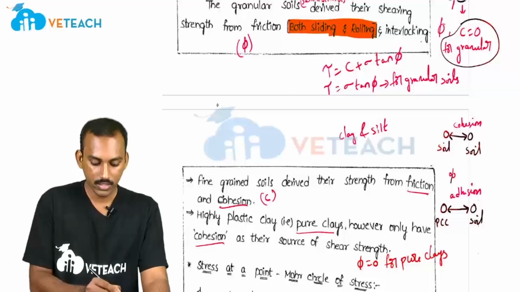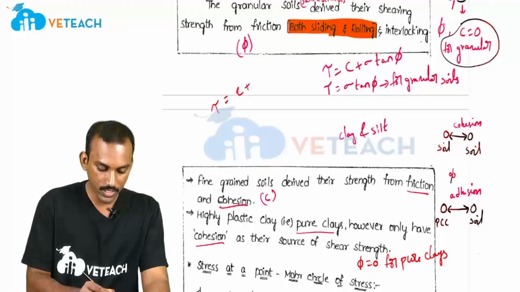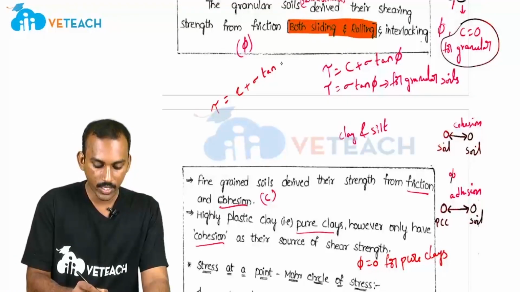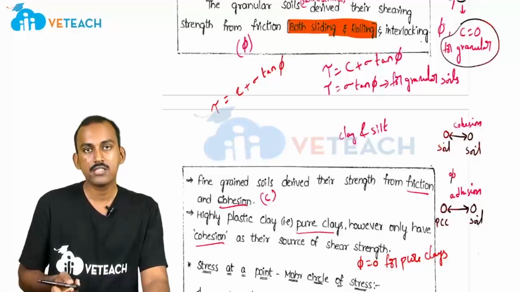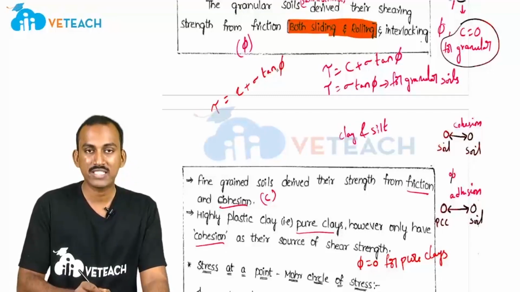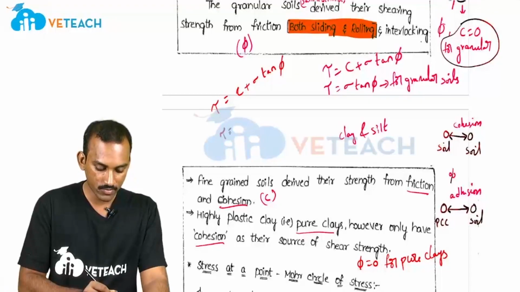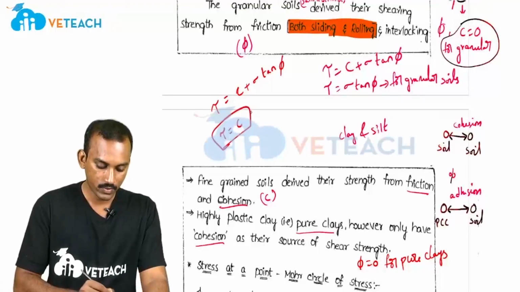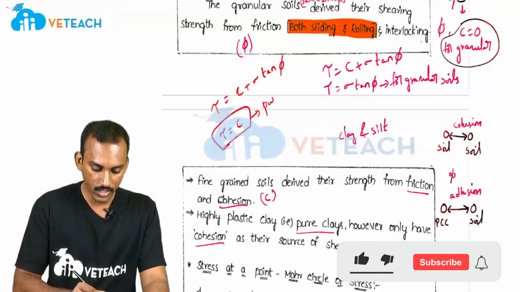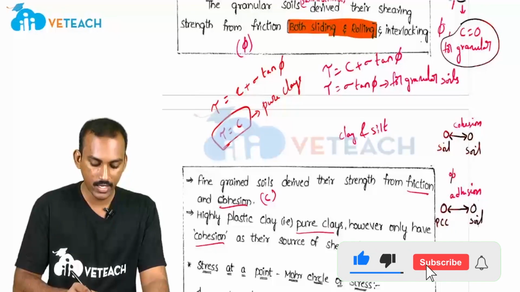What is our equation? Tau is equal to C plus sigma tan phi. So for pure clays, phi is equal to 0, which means tan 0. Tan 0 is 0, 0 into sigma is 0. So tau is equal to C only. This is for pure clays or highly plastic clays.